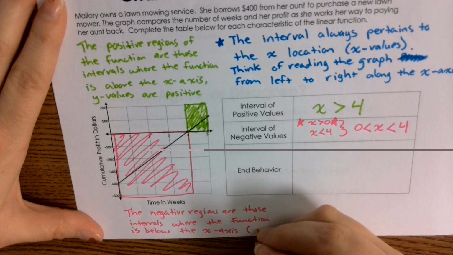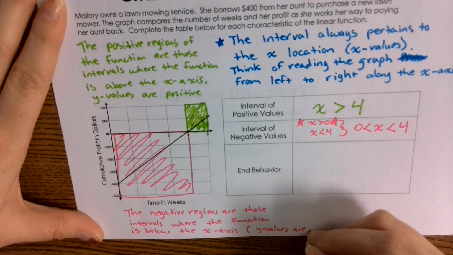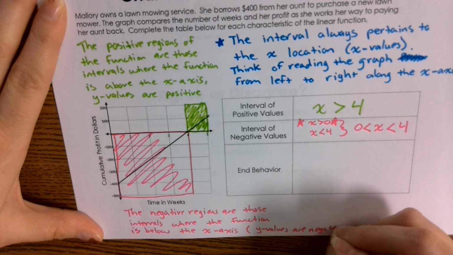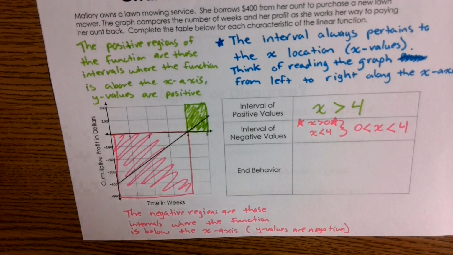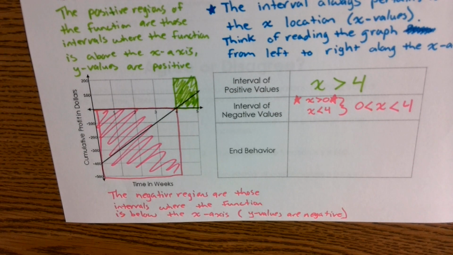And that means that we're talking about y values that are negative. Okay, so that's really important to make sure you understand. You are focusing on y values that have now become negative. It's when you are falling below. Your line or your function graph is below your x-axis.